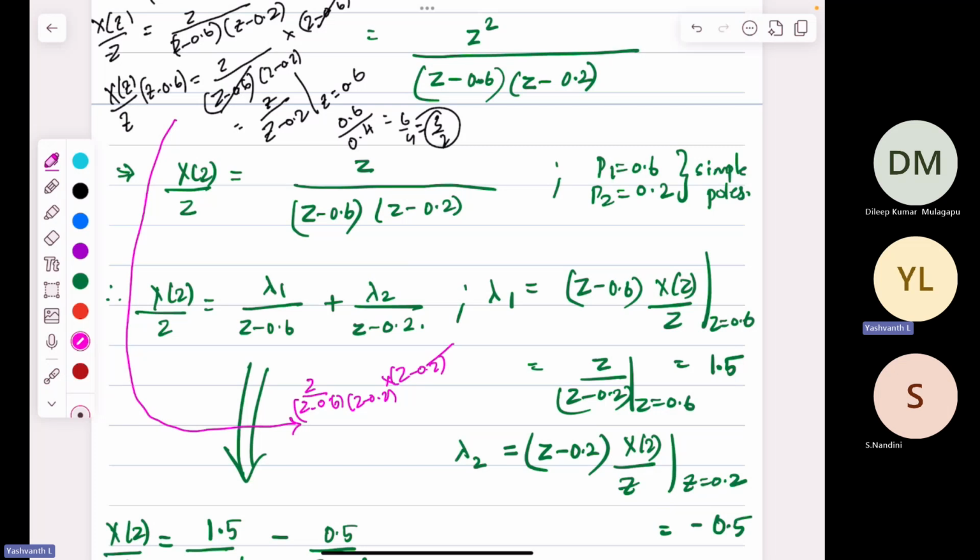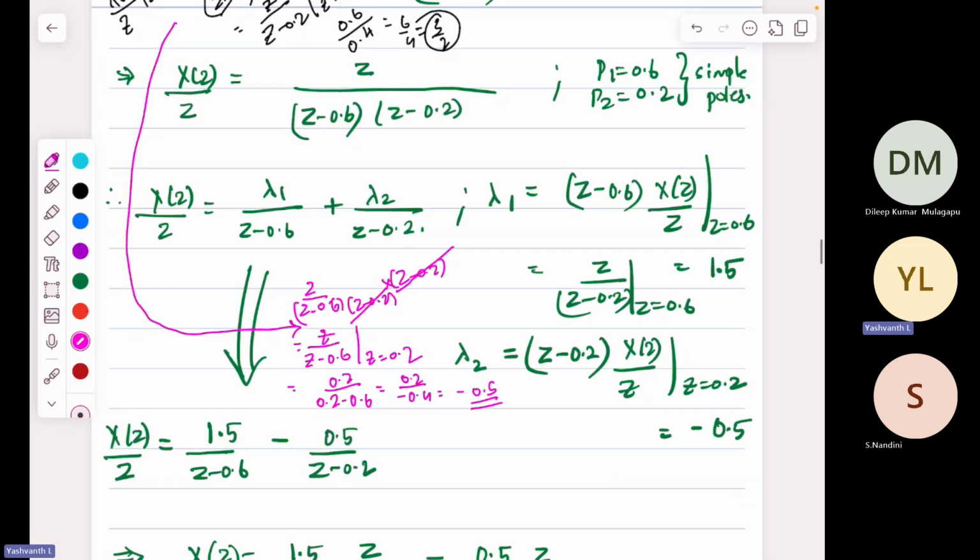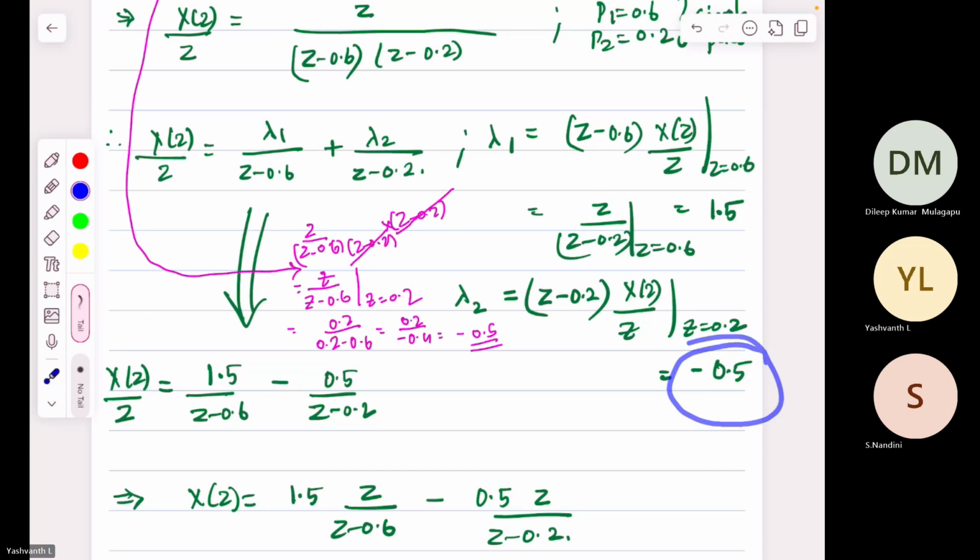So (z - 0.2) and (z - 0.2) will get cancelled. So you get z / (z - 0.6), and then put z equal to 0.2. So what do you get? You get 0.2 / (0.2 - 0.6), which is equal to 0.2 / (-0.4), which is equal to -0.5. It's basically -1/2, which is -0.5. And that's what I wrote here, -0.5.